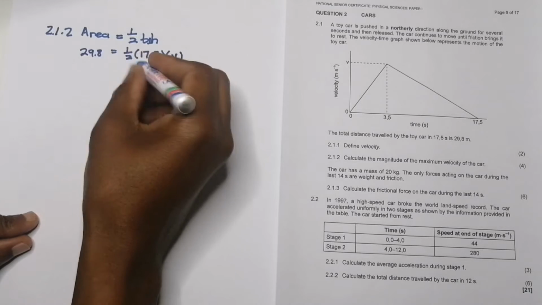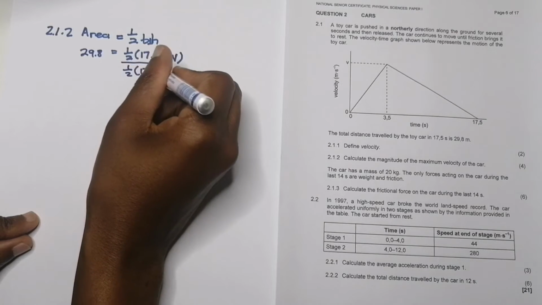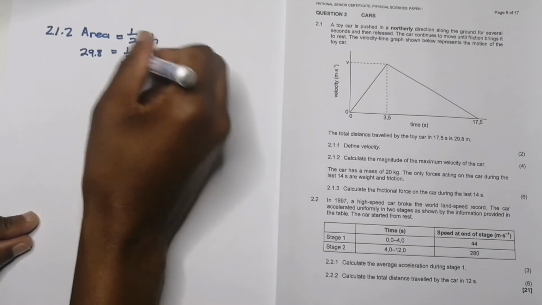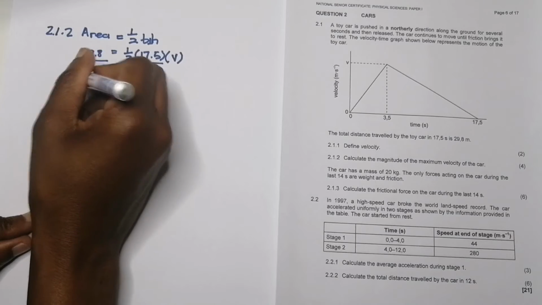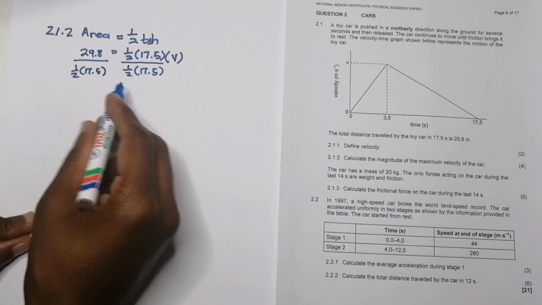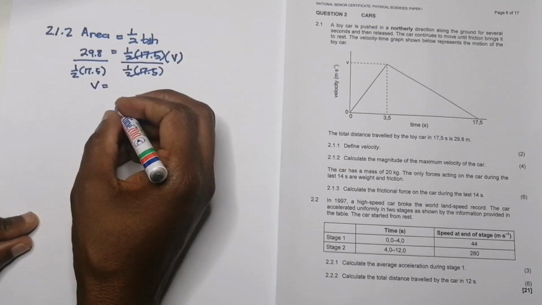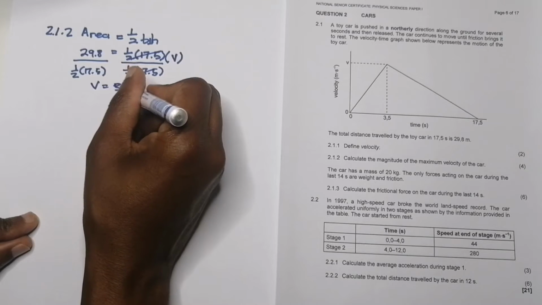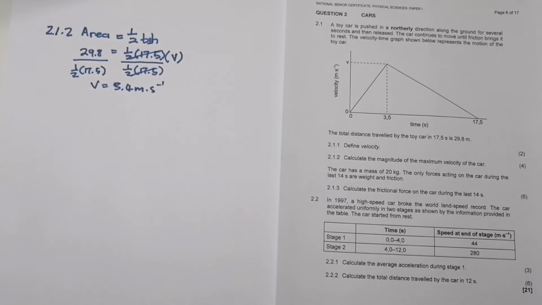So we're going to divide both sides by a half of 17.5, and what I do on the left I also do on the right. So that goes away, and for the velocity I get a value of 3.4 meters per second. That's how we would get the velocity v.